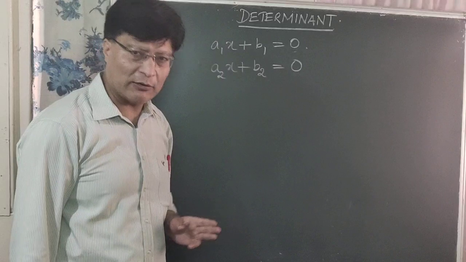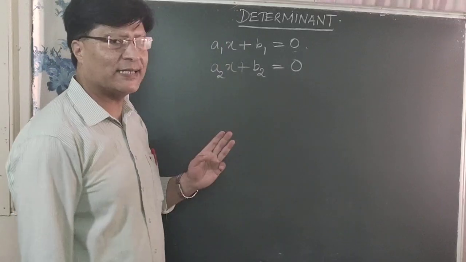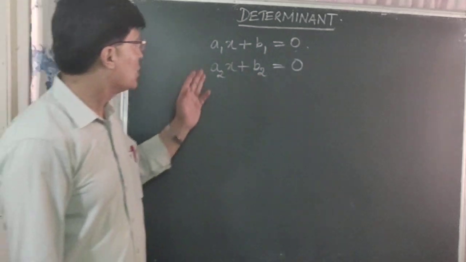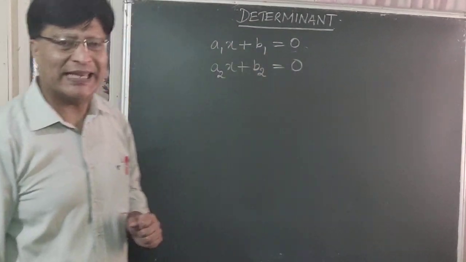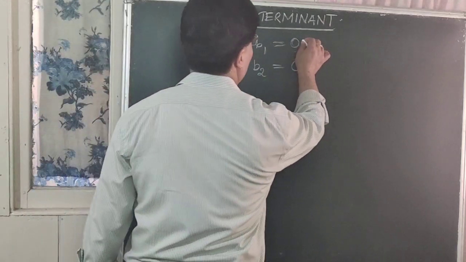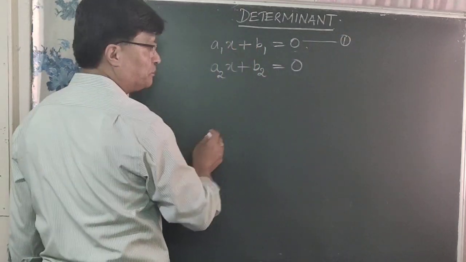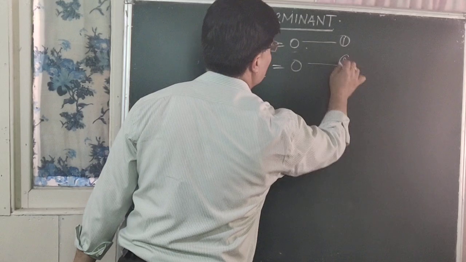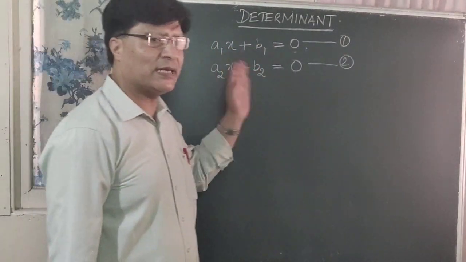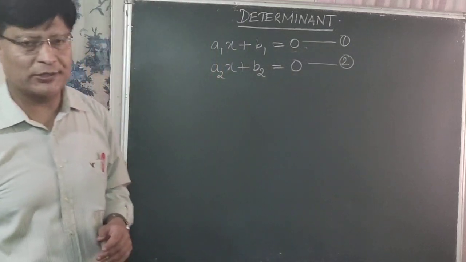Variable changes its values, but constants do not change its values, right? So let us eliminate x from these two equations, right? So suppose this is equation number 1 and suppose this is equation number 2, right? So let us eliminate x from these two equations.